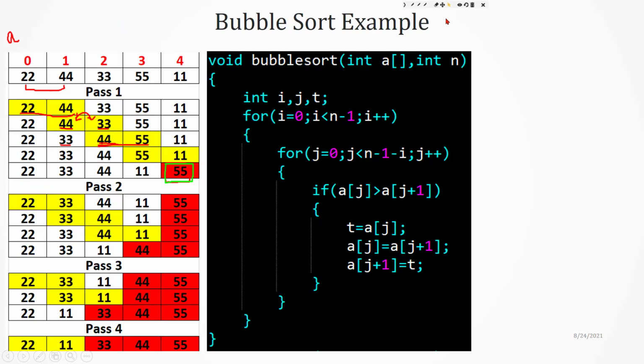Here n is 5 because we have 5 elements. And since the array is stored from 0, the last element will be in 4. That means it will be in n minus 1.